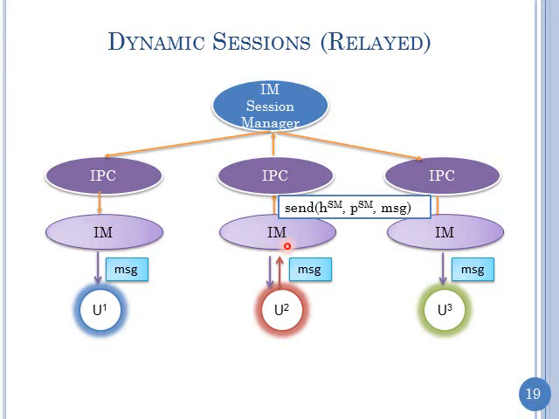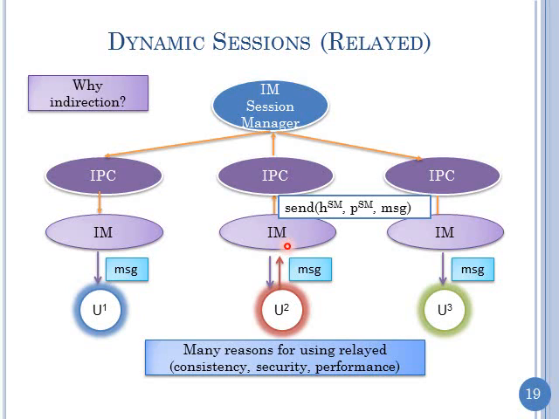So there's a real game people play in companies where they think they're being safe, but when they're being safe, you can't do certain things. So you can, in fact, build such collaborative applications where you can have denial of service. But firewalls cause problems. So why indirection? Many reasons for using a relay. Consistency, you guys forgot about consistency. That's something you mentioned way early on.